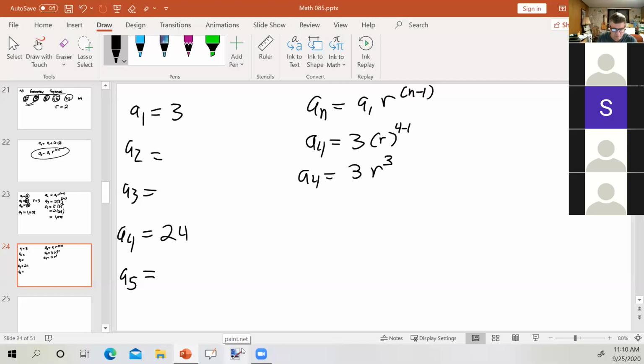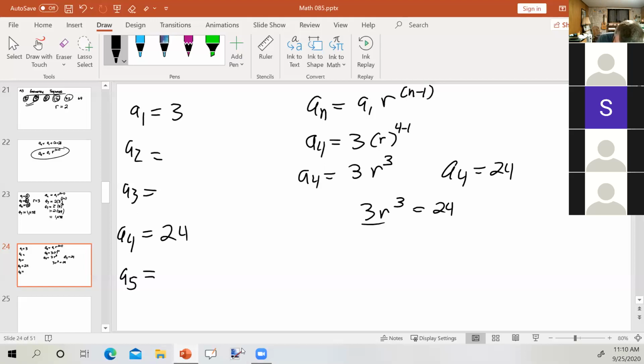Things are going to get a little sticky. But we also know that a sub 4 is 24. So using that same idea we did in the last section, we've got 2 different ways of finding a sub 4. So if a sub 4 is 3r cubed and a sub 4 is 24, therefore, 3r cubed equals 24. You still with me?